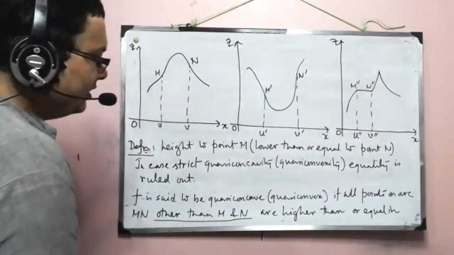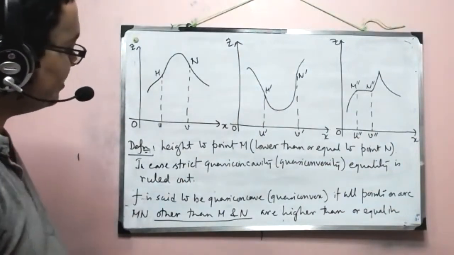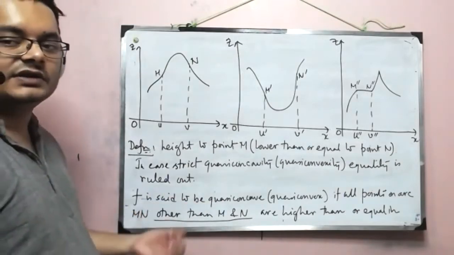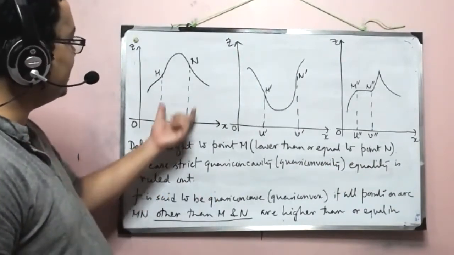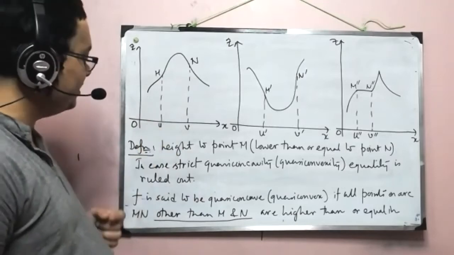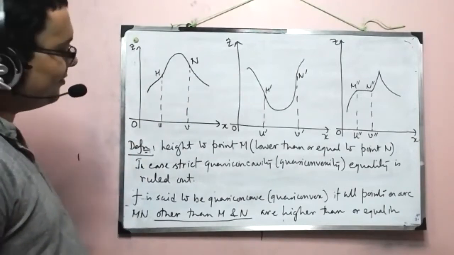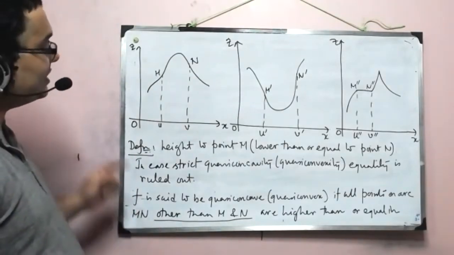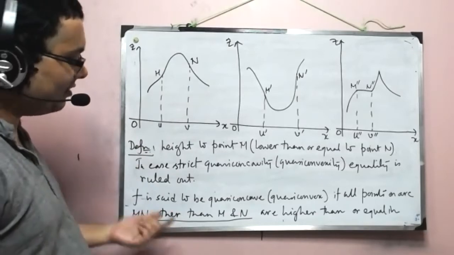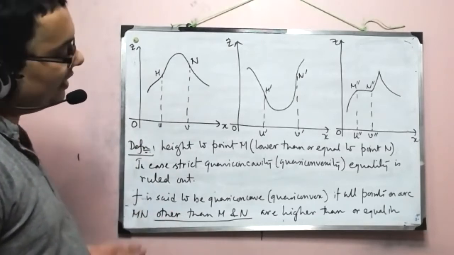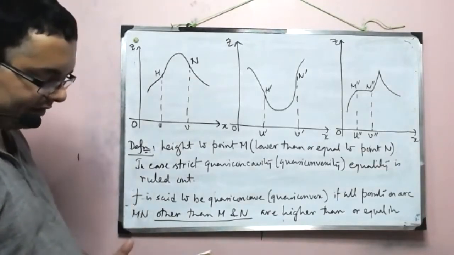Let's take quasi-concave; we can imagine the symmetrically opposite in our head. When it is quasi-concave, I'll take an arc like MN, selecting U and V because I need only a portion, and I'll see whether the points other than M and N, and that is very important, are higher or lower or equal, if I'm applying the weak condition. If I'm talking about the strict condition, then I'll rule out equality. So that much is there.